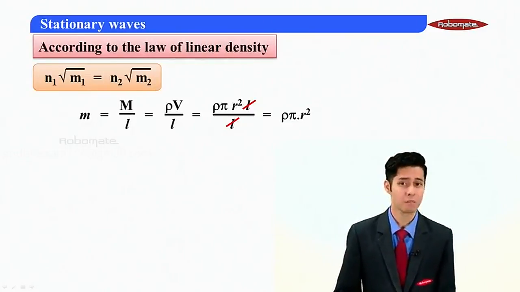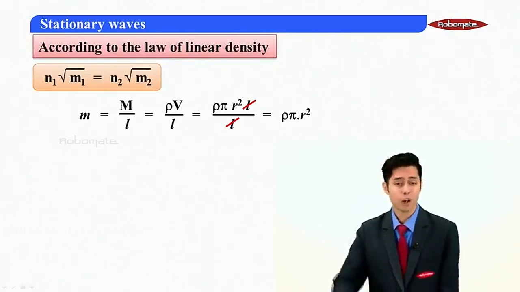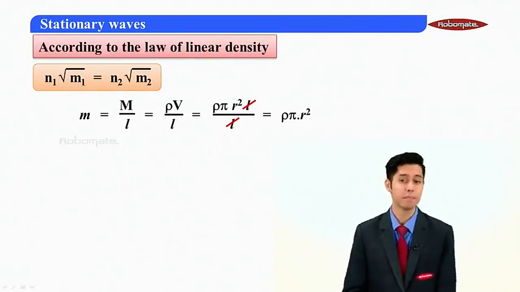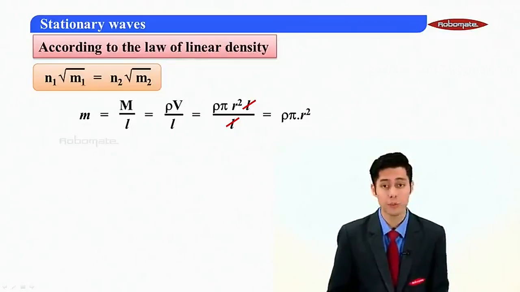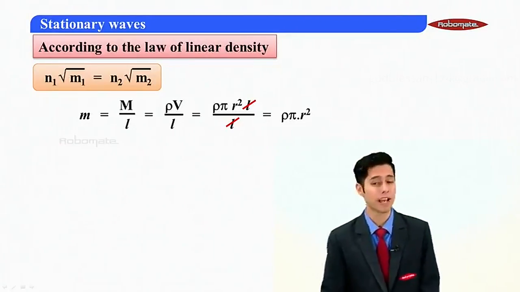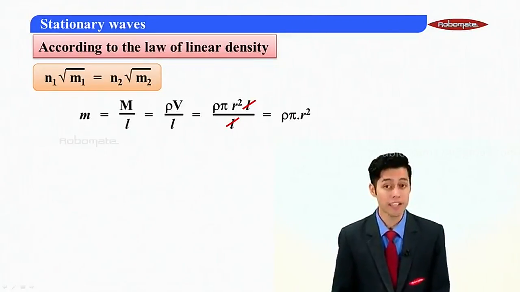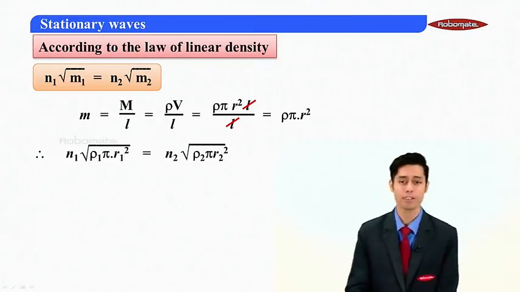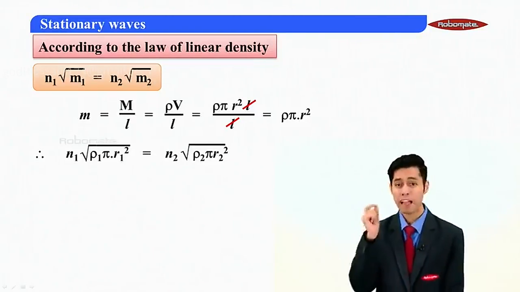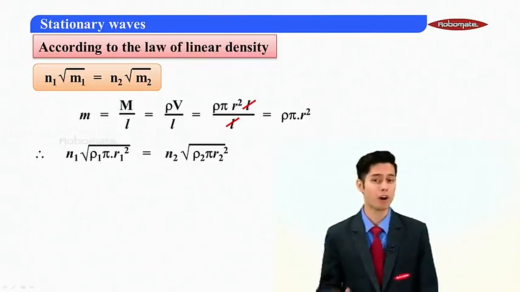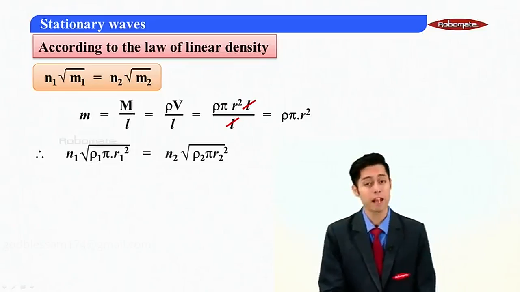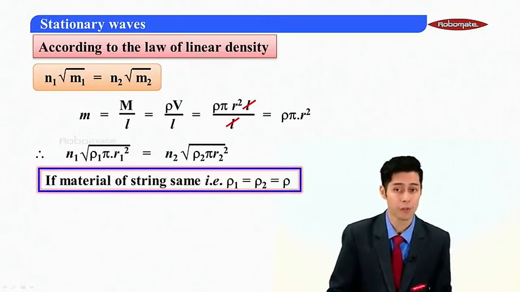Now let us revise one important concept that we did earlier. According to the law of linear density, I know that n1 multiplied by root m1 is equal to n2 multiplied by root m2. Now according to this concept, if I substitute the value of small m, the relation will come out like this. It will be n1 multiplied by root of rho 1 pi r1 square, which is equal to n2 multiplied by root of rho 2 pi r2 square.